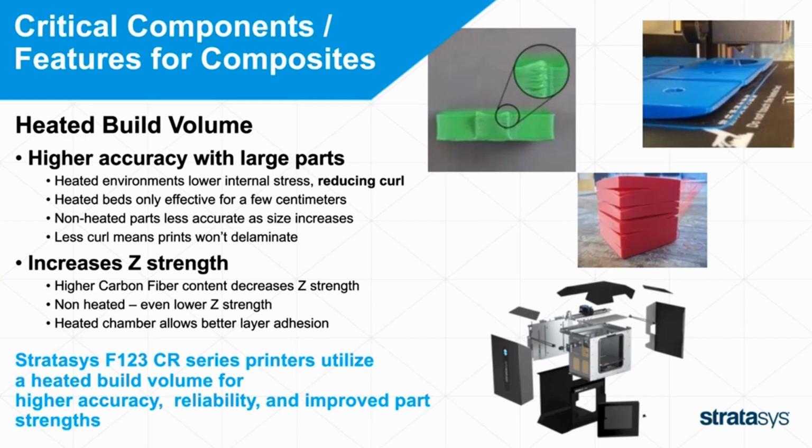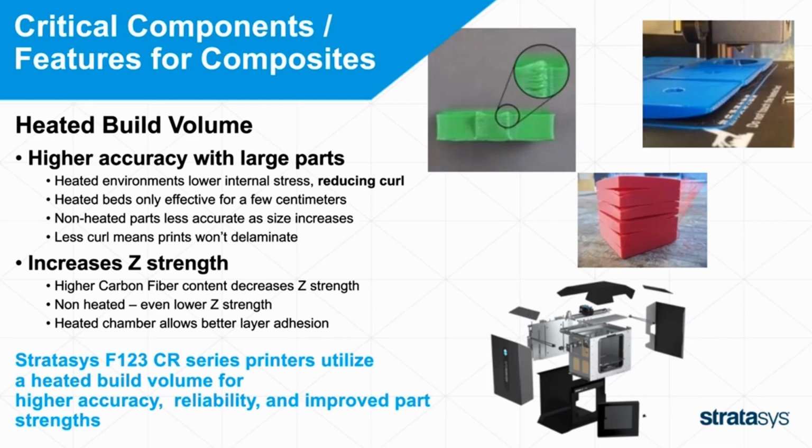Another aspect of the heated build volume is increased Z strength. One aspect with carbon fiber is that as the content of carbon fiber increases in a part, the Z strength actually decreases. So in a non-heated environment, your carbon fiber parts are going to have lower Z strength than your model material would be without the carbon fiber. When you have a non-heated environment, you print a layer and that layer is cooling.